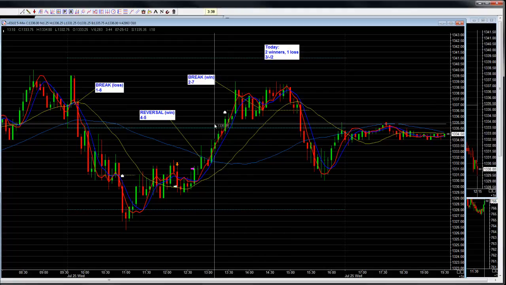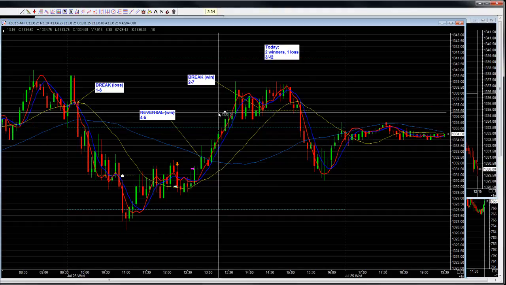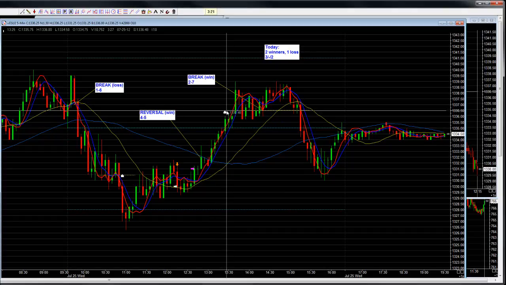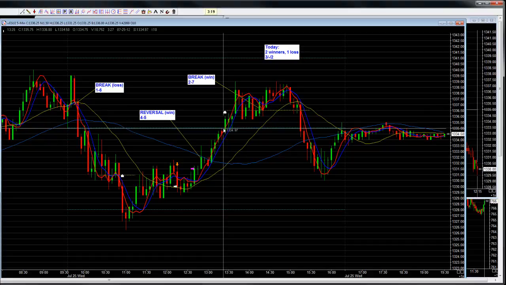Trying to keep things very systematic and basically to the tick. So in this particular level here, I need it to go 6 to 8 ticks. 6 ticks if there's a lot of momentum is enough. If there's not quite the same momentum through this area, I need it to go 8 ticks. So in this particular area, I was looking for it literally to go 6 ticks, then place the order. It missed it by 1 tick, so you might say 1 tick's close enough. But what I've discovered is that in the past that was sort of good enough for me, and I was getting a bit sloppy.